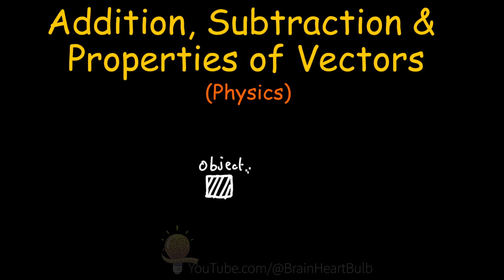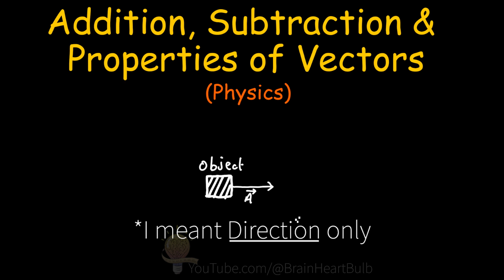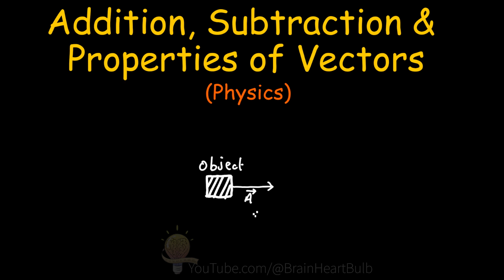So in physics, vectors act on objects. In other words, objects are influenced by a quantity that has both a magnitude and a direction of motion. So our vector A here has a direction in the positive x direction, and its magnitude is represented by the size of the arrow here.